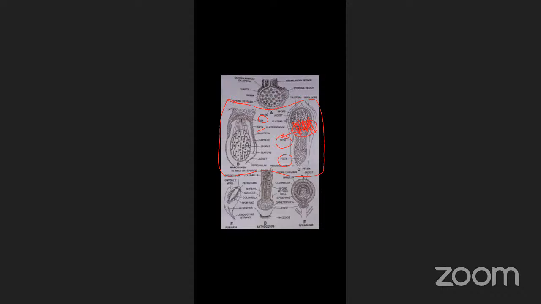In Marchantia, elaters are there, but elatophores are not there. What about Pelia? In Pelia, elatophores are there, at the base, like a bunch. A group of elaters is an elatophore, but there are no such groups in Marchantia.